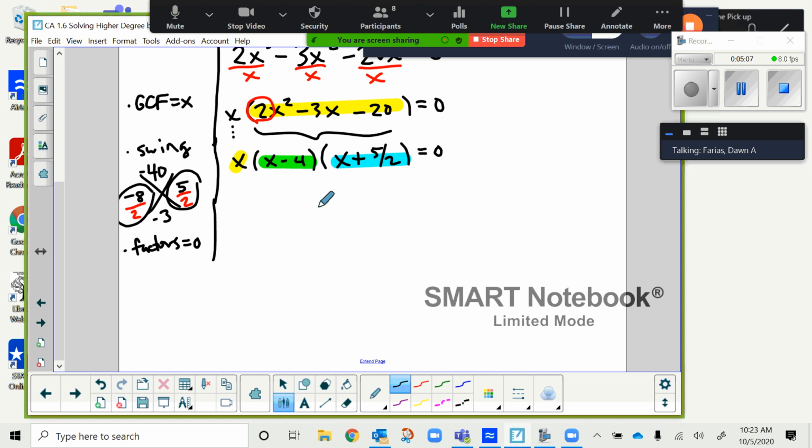And if all those things being multiplied equals 0, then one or all of them must equal 0, right? Because when you multiply stuff by 0, that's how you get 0. So we just figure out all our possibilities by letting each factor equal 0 and solving for x.